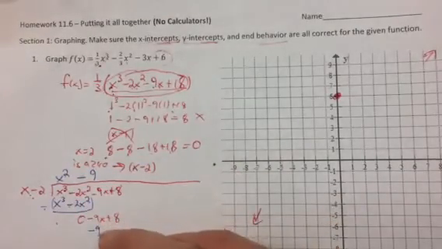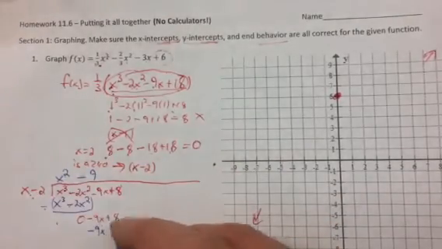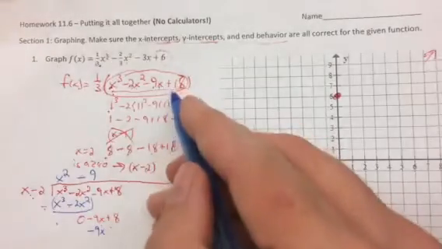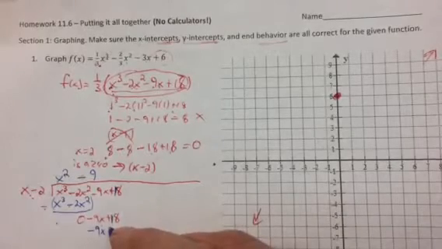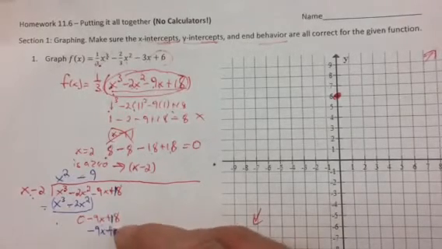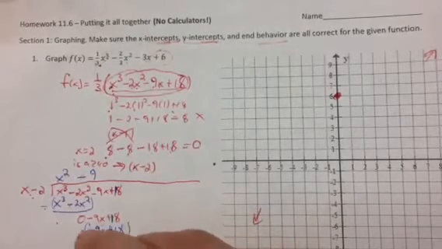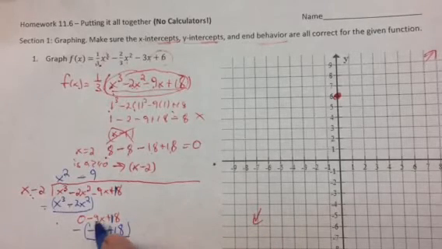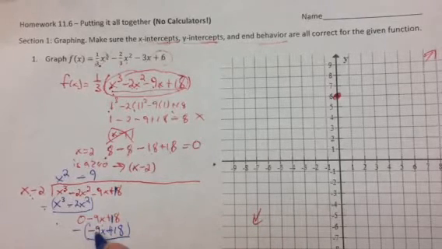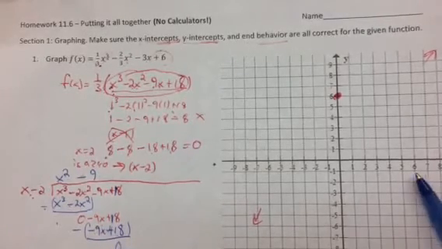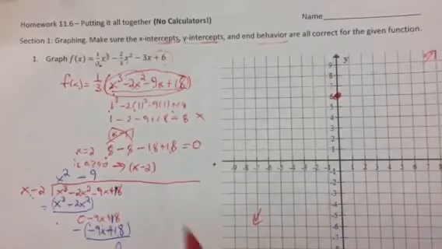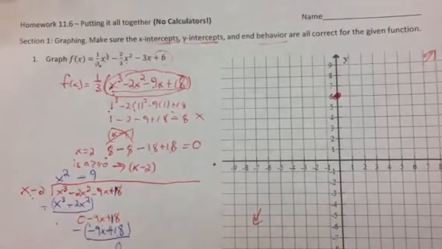Negative 9 times x is negative 9x. Negative 9 times negative 2. Oops, that was plus 18. I didn't write down the problem right from up here. So plus 18, plus 18. Negative 9 times negative 2 is plus 18. And when we subtract, we're subtracting a negative, so it's plus 9x. That's 0. 18 minus 18 is 0. And so it came out with no remainder, which we knew it would, because otherwise x equals 2 wouldn't be a 0.